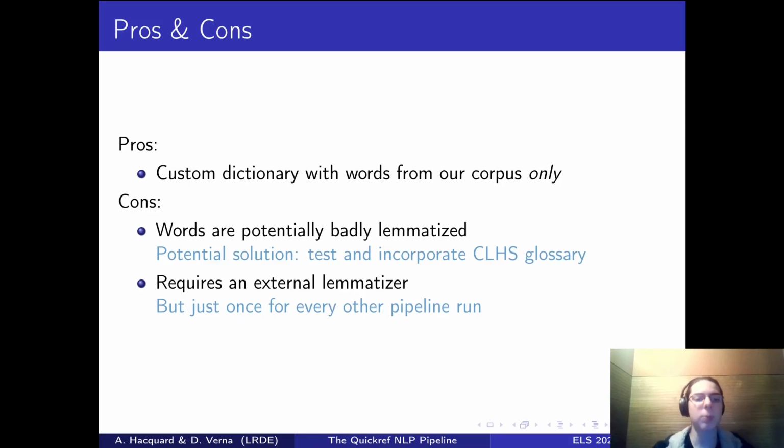But this approach also has some inconveniences. The first inconvenience is that it requires an external lemmatizer to create this custom dictionary. This is not a very big problem because we just need to create this dictionary once for every pipeline run, so it can be mitigated by this fact.